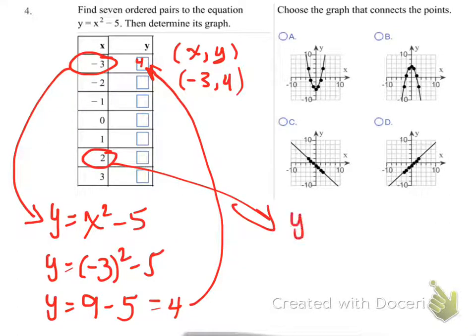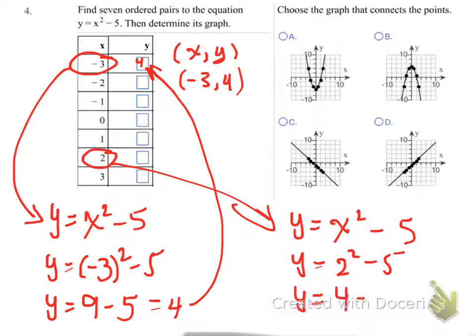So if y equals x squared minus 5, and I'm told that x is 2, then y equals 2 squared minus 5, which tells me y equals 4 minus 5, which gives me -1. So this ordered pair is going to be 2 and -1.